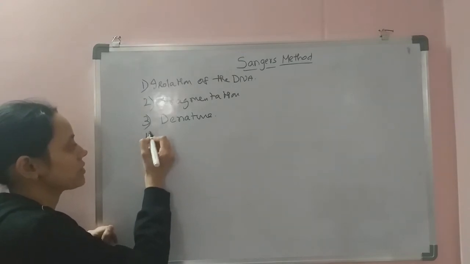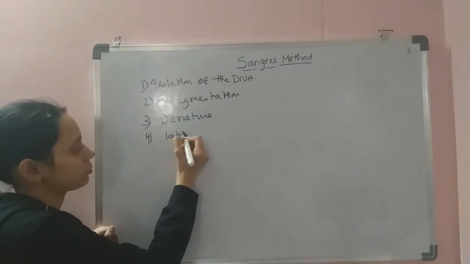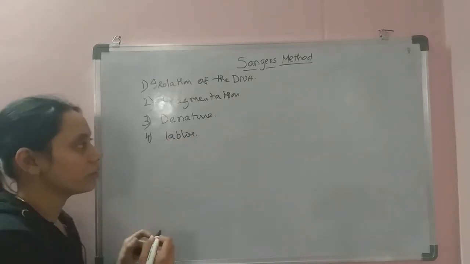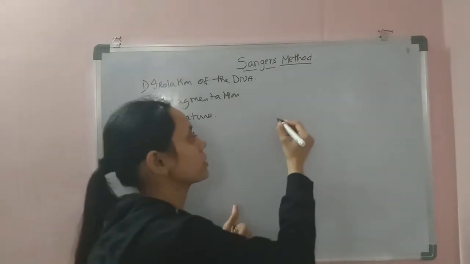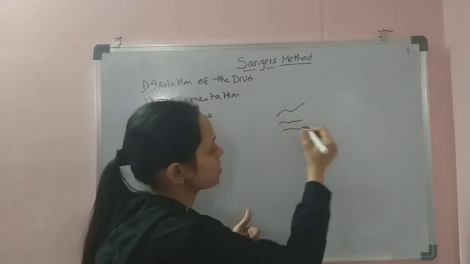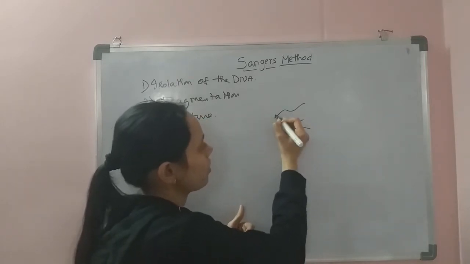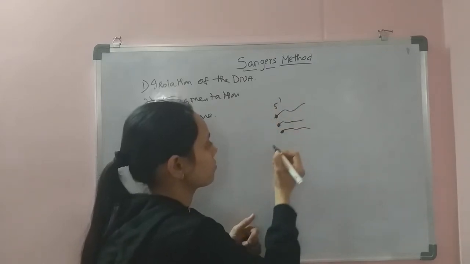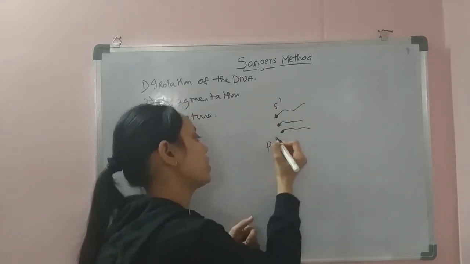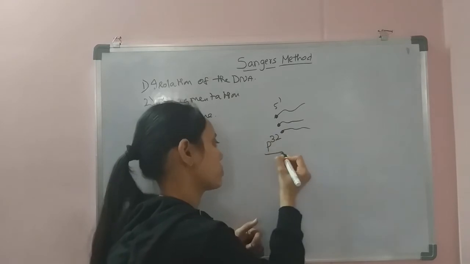The next step is labeling. During the labeling procedure, all single-stranded DNA fragments will be labeled at their 5' ends with the P32 radioisotope.